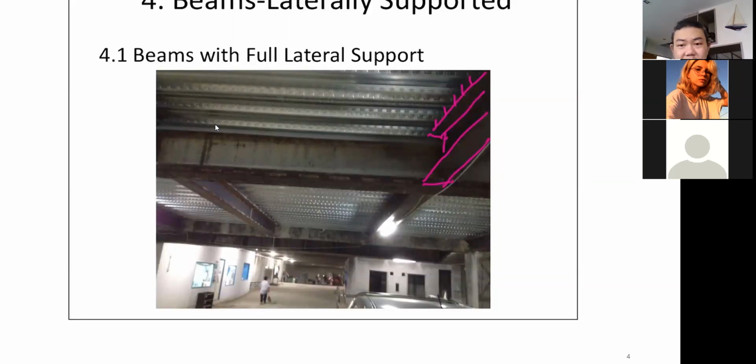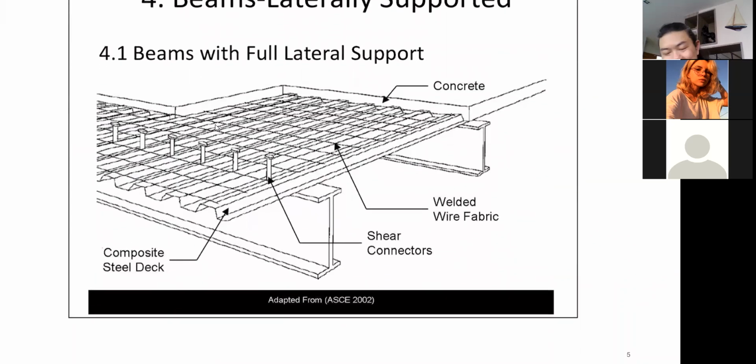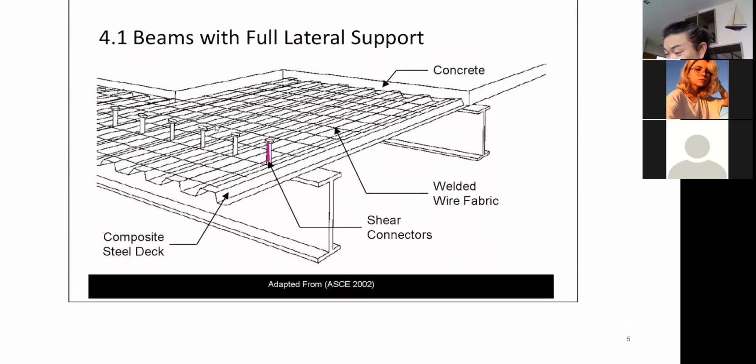This beam is going to be braced by the metal deck as well, and you can say the unbraced length LB is pretty close to 0. That's just like the drawing of that picture, where you see here is your shear connector that connects this metal deck to this beam. So this beam is braced. It cannot move at all due to the presence of these shear connectors.